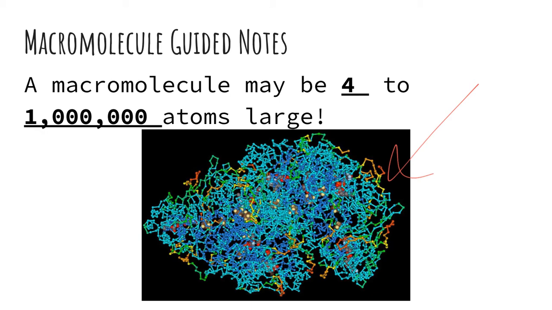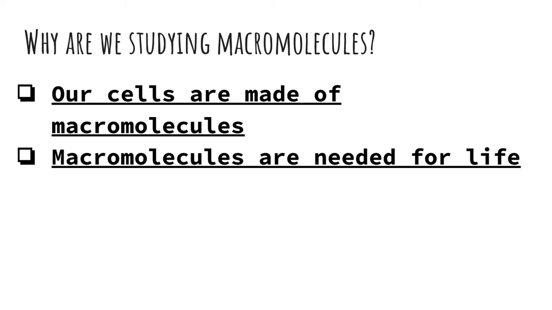They have so many structures, so many functions. They're really important. And this is a picture of quite a large macromolecule, specifically a protein. So macromolecules are really important. All of our cells are made of macromolecules, and macromolecules are needed for life. Remember, we can put in the word biomolecule or organic compound or polymer here in our biology class.